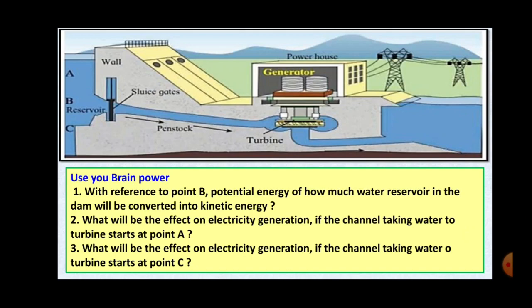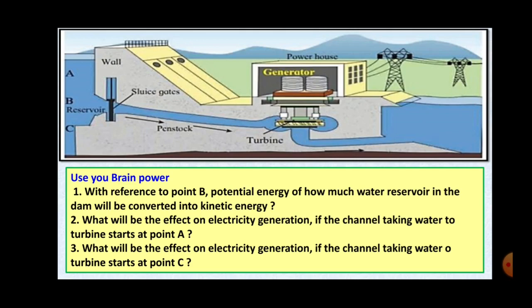First it was at point B, now it is at point A. So what will be the effect? Just think, students. Yes, is there any difference in the height of A and B? Yes, A is at a greater height than B.